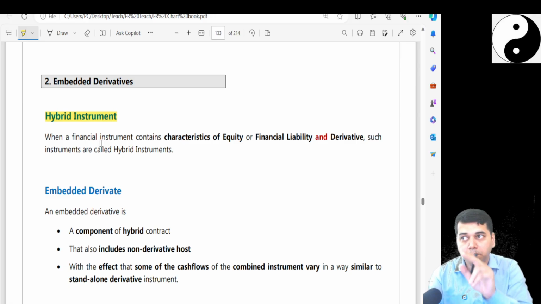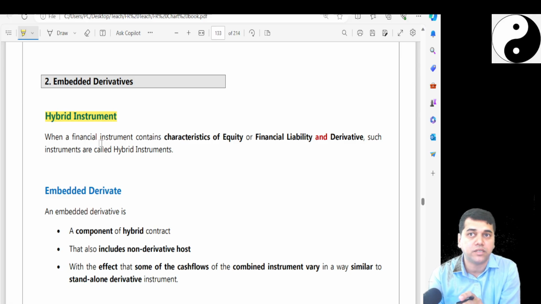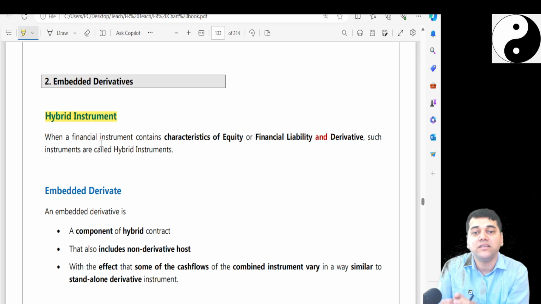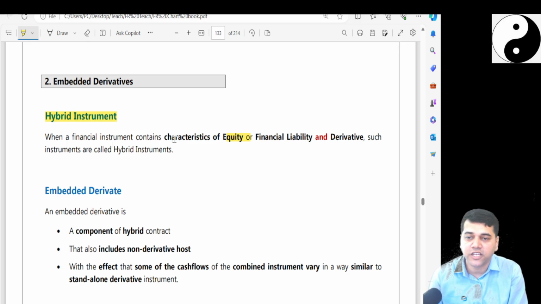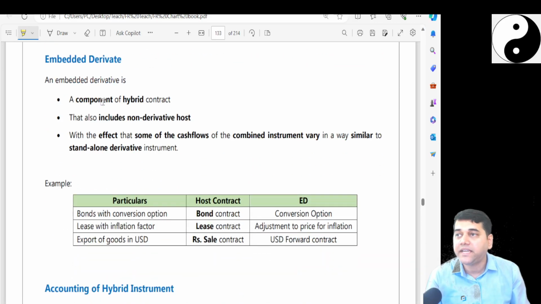But in a hybrid instrument, one leg is a derivative. Another leg can be equity or financial liability. So when a financial instrument contains equity or financial liability on one side, derivative on the other side, it is called hybrid instrument.